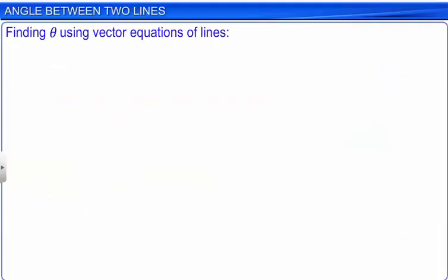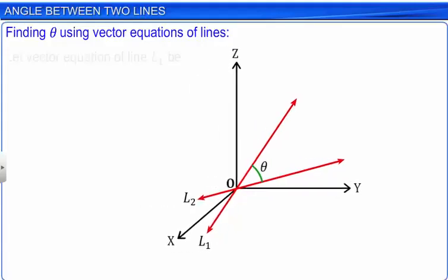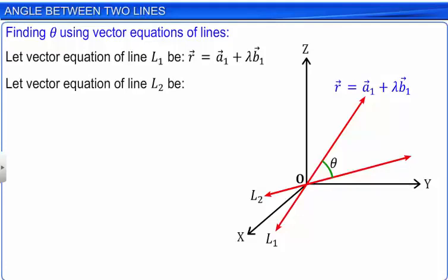Let us represent the two lines L1 and L2 with their vector equations. Let the vector equation of line L1 be vector A1 plus lambda into vector B1. Similarly, let the vector equation of line L2 be vector A2 plus mu into vector B2.